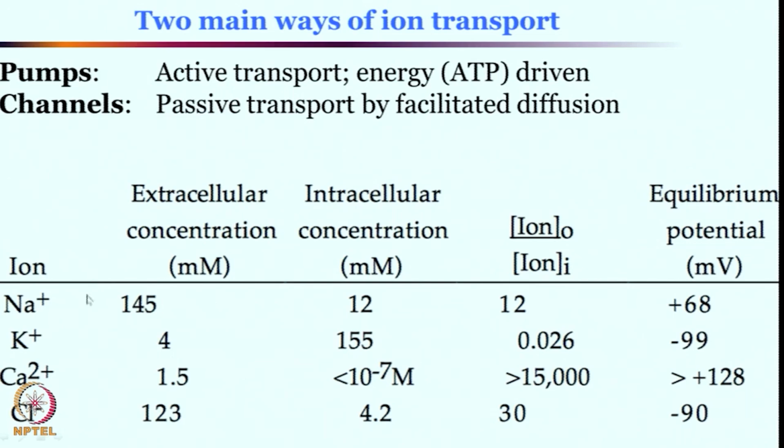Outside, sodium is present in large concentration, but inside it is present in very low concentration. On the other hand, potassium outside is present in very little amount, but inside the cell it is quite high. Similarly, calcium is present largely outside, but inside the concentration is very less.